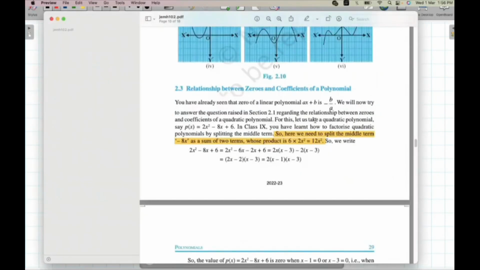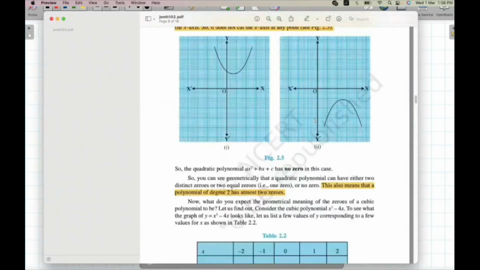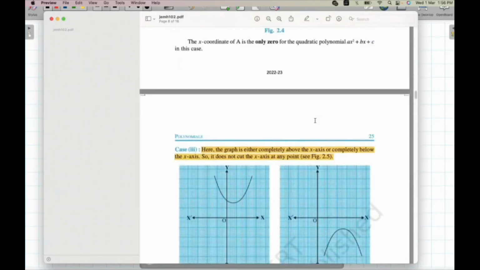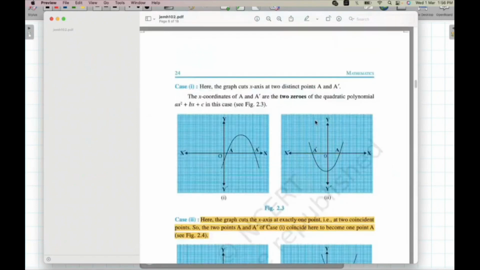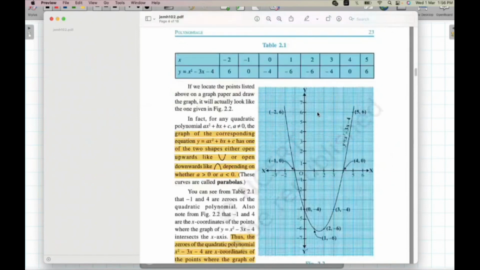So this is what they are trying to tell you by plotting different graphs. I have shown you when the graph is cutting the axis, right? So here I had just plotted a graph of this function, and it has cut the x-axis at 2 points, here and here.